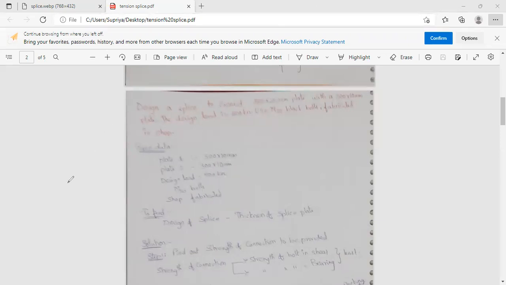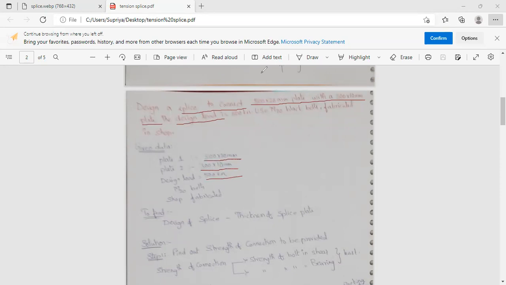So what do we have to design? The splice to connect a 300 into 20 mm plate with a 300 into 10 mm plate.